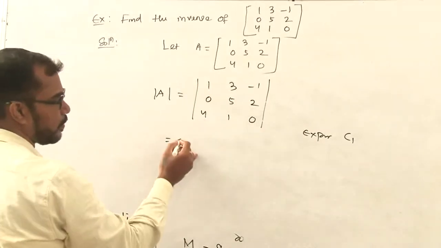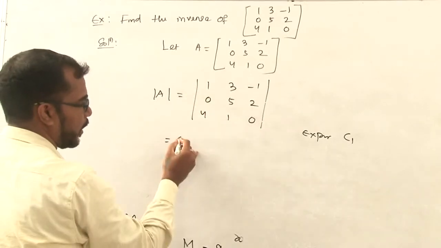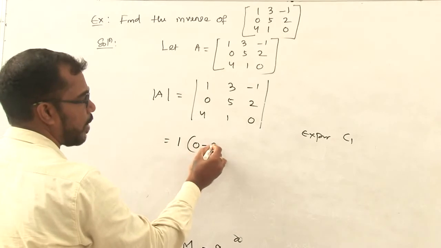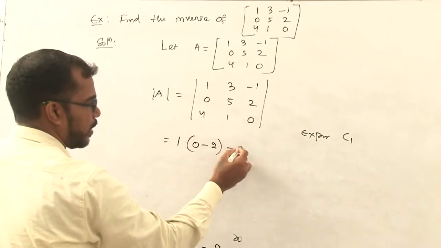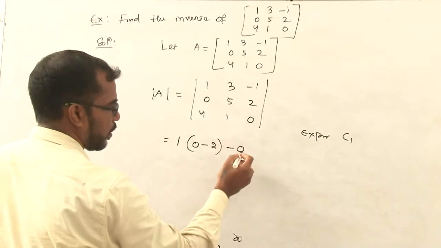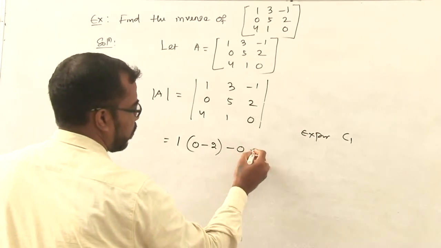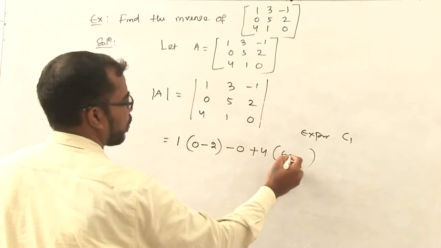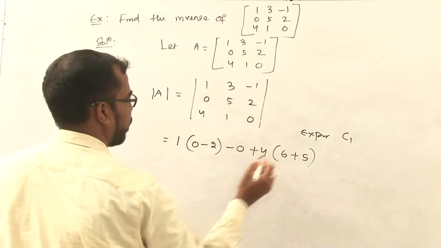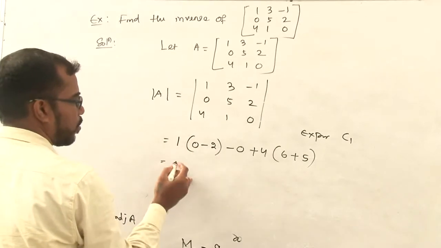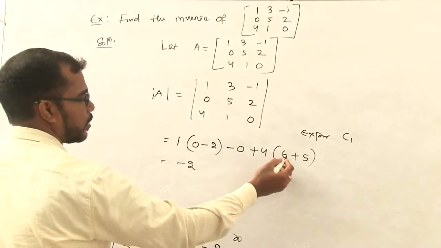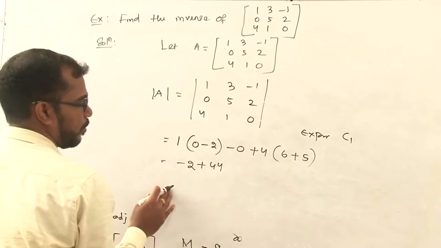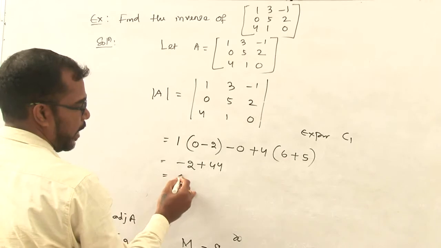So if we evaluate along column 1, that is 1 into, deleting this element, we get 0 minus 2, okay, and then minus 0 into 0, so we do not write it. The next value is plus 4 into, deleting this element, 6 minus 1 minus 5, that is plus 5, okay. So minus 2 into 1, that is minus 2, plus 11 into 4, that is 44, and we get 42.